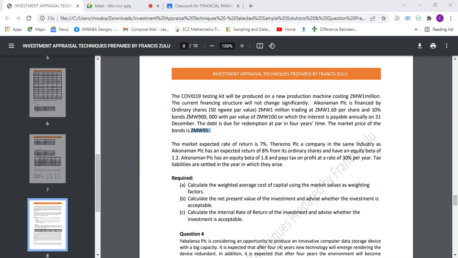Are they two different numbers? There are two different numbers. They've been stated here: the market price of the bonds is 95 kwacha, and this is the market price of the ordinary shares, 169.